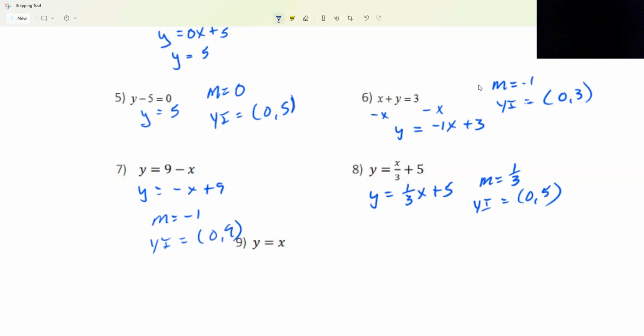Number 9 here, remember, there's no number over here. So this is like plus 0. They just don't put that there. So you know that your y-intercept is 0. And your slope here is 1. Okay, so m is equal to 1, and your y-intercept is going to be (0, 0). And you're done.